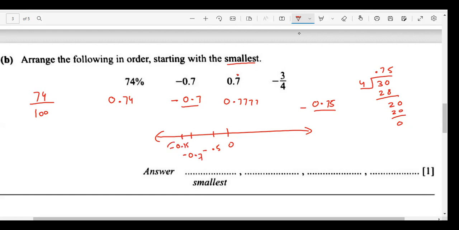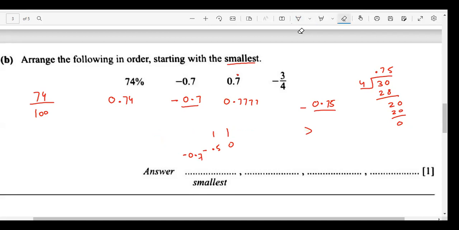Since negative 0.75 is coming on the left side of negative 0.7, if a number is coming on the left side, it would be smaller. So for negative numbers, it's the other way around. Minus 100 is less than minus 1. Minus 200 is less than minus 100. It's opposite with the negative numbers.